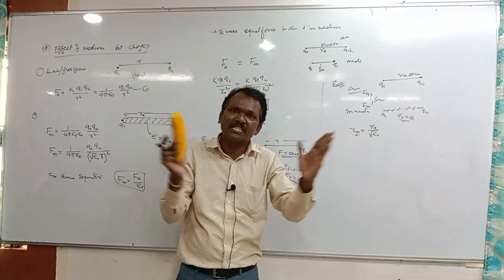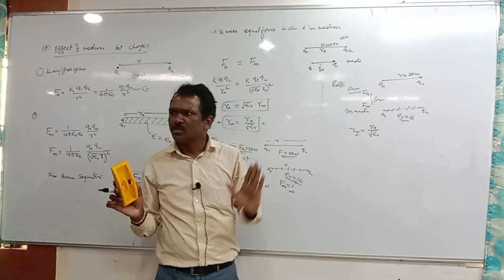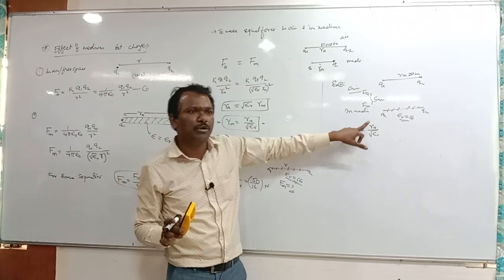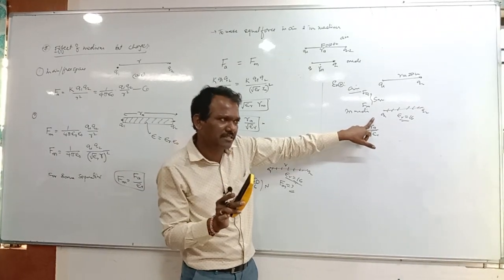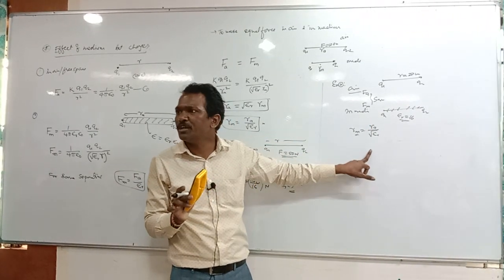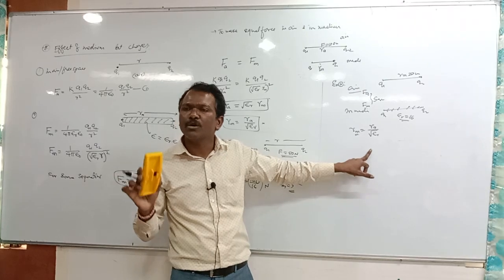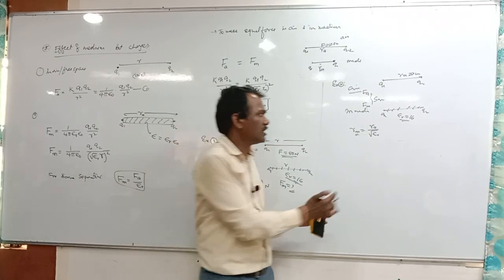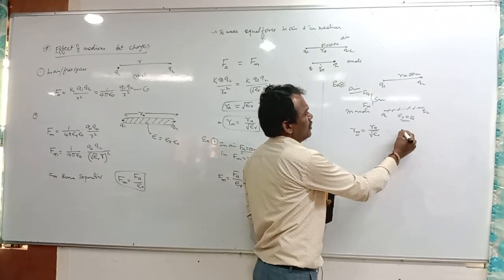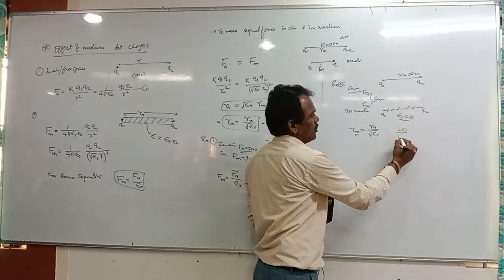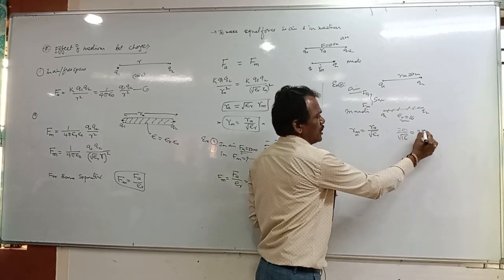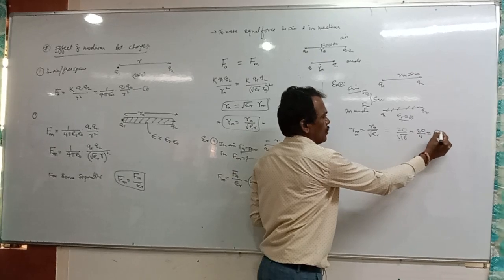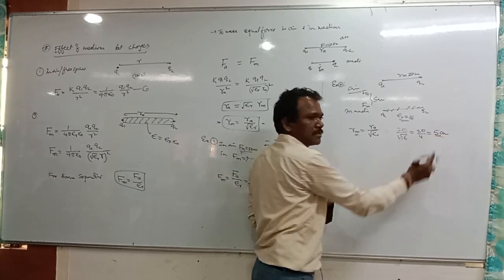So that's why we have to decrease the distance. So r in the medium is equal to the separation in the air divided by root epsilon r. This value is 20 by root 16, 20 by 4, 5 centimeters.